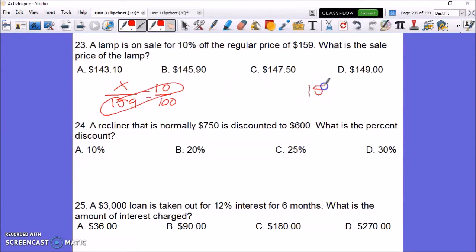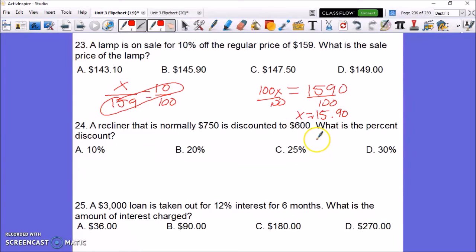So you have 1,590 is equal to 100x. So then 1,590 divided by 100 is going to give us $15.90. Divide both sides. X is equal to $15.90.